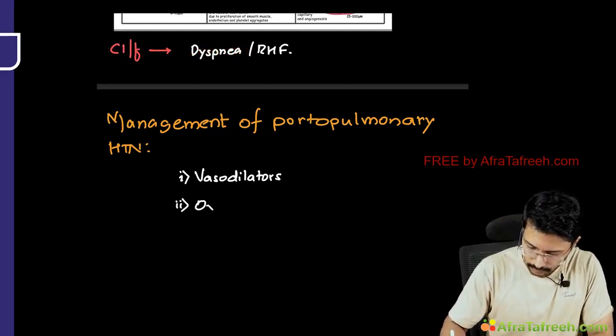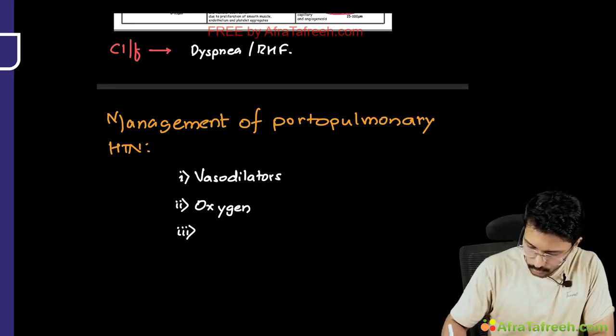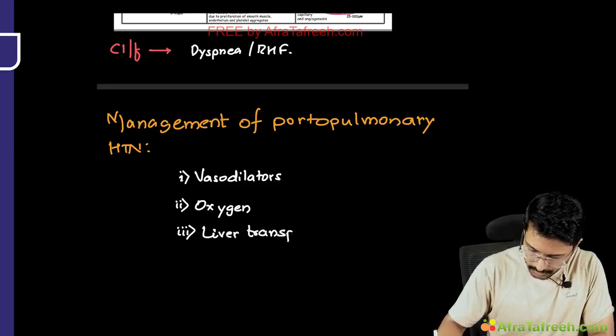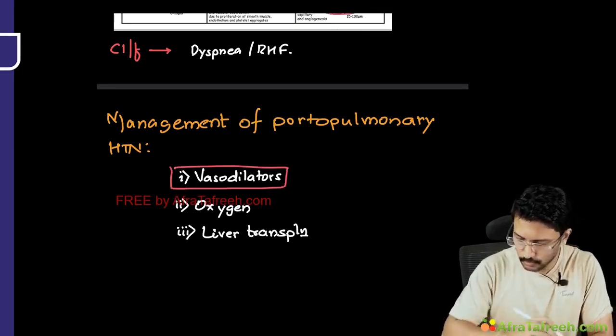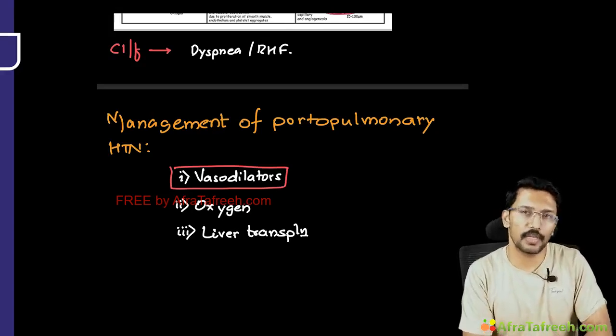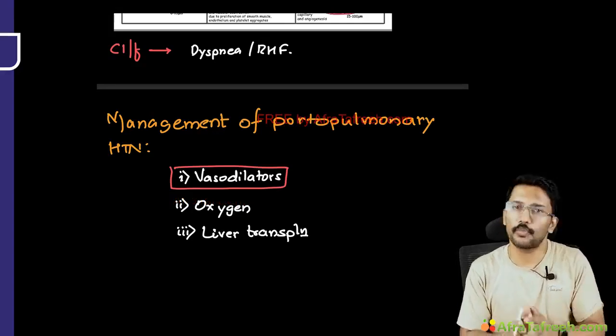Second, oxygen may be helpful for these patients too. And these patients will also derive benefit through liver transplantation. So the only thing to remember is that there is vasoconstriction and we can use vasodilators in case of portopulmonary hypertension, but we cannot use vasodilators when it comes to hepatopulmonary syndrome.